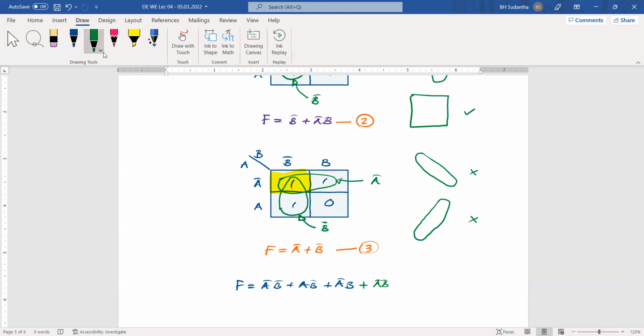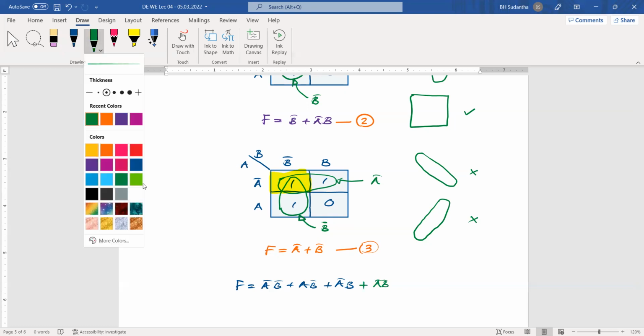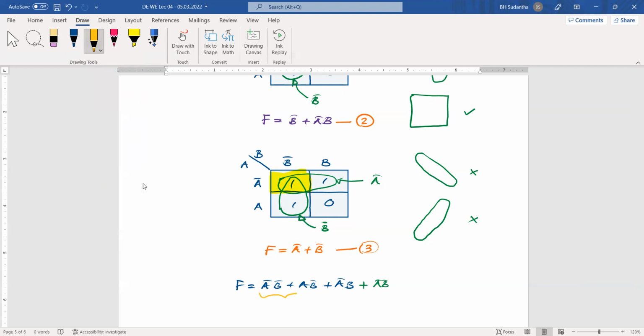Then from these two, we get B bar. From these two, we get A bar. But our problem is, we have done this one. Is this correct or not? This is the problem we have.